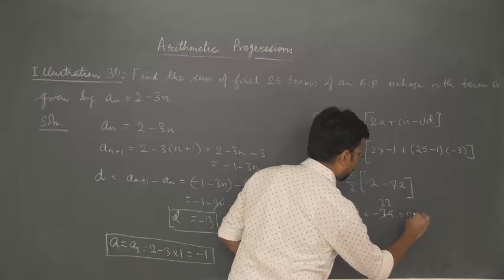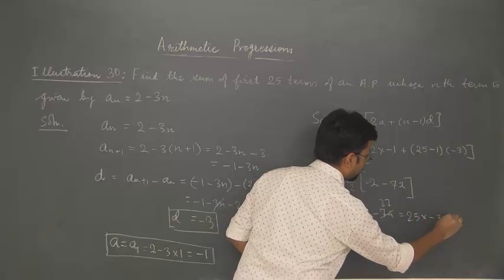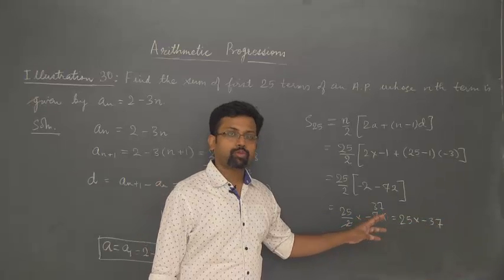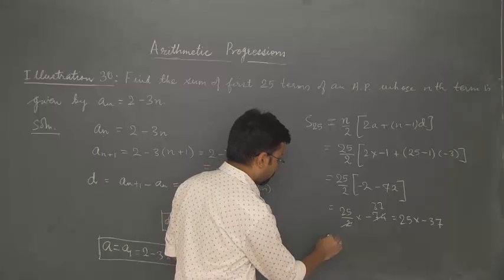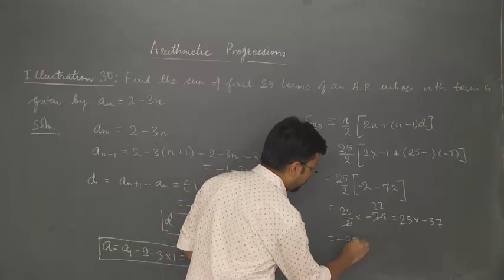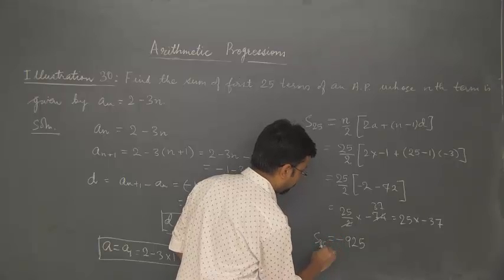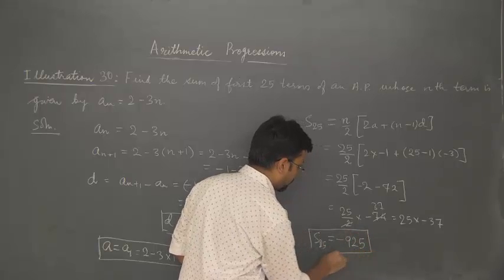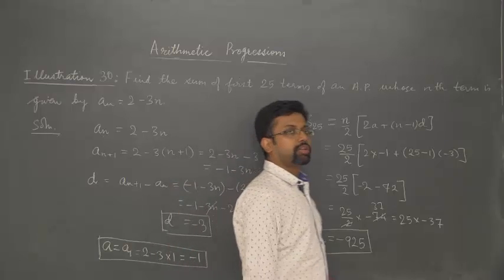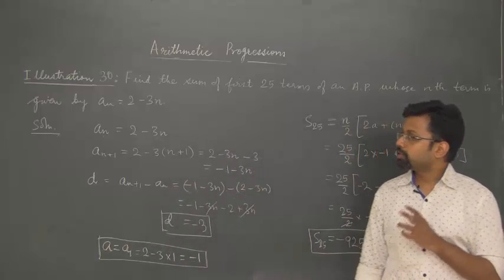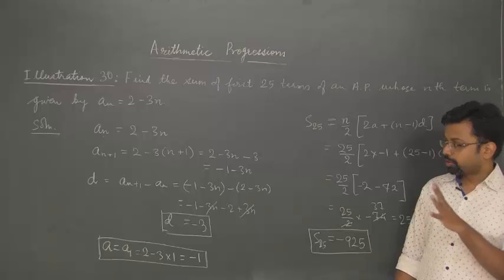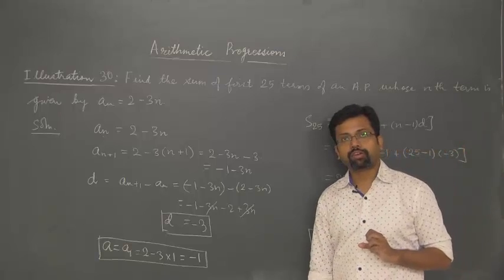So we have 25 into minus 37, which comes out to be minus 925. So we have calculated the sum to 25 terms of the given AP where the general nth term is given by 2 minus 3n. So I hope you understood how we obtain the final result.